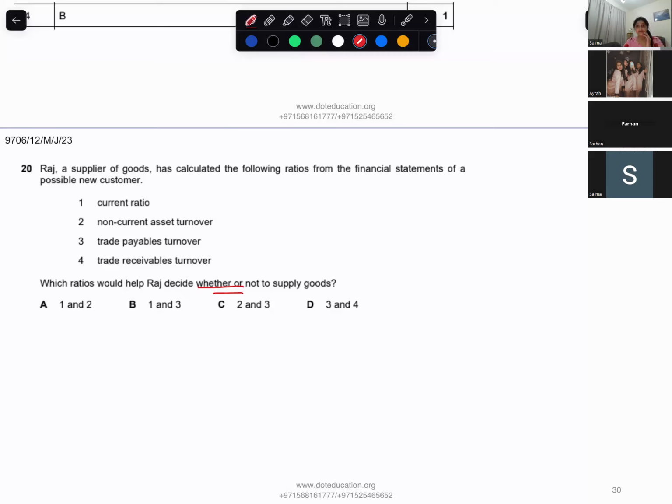To decide whether or not to supply goods, I need to see whether the person is paying the trade payables on time and whether the person has enough solvency to pay. So it will be trade payables turnover and current ratio. So it would be 1 and 3, option B.